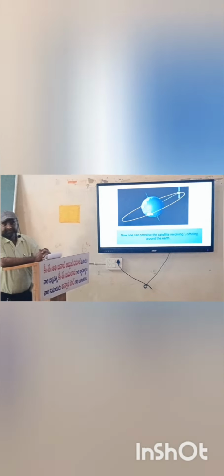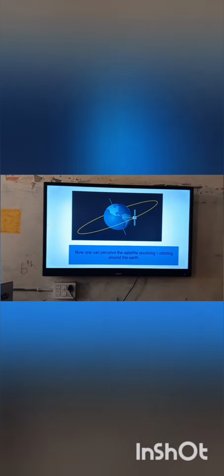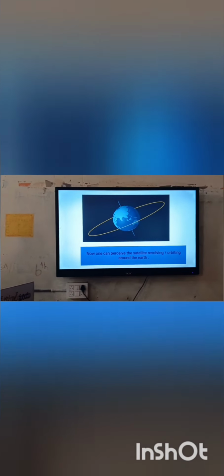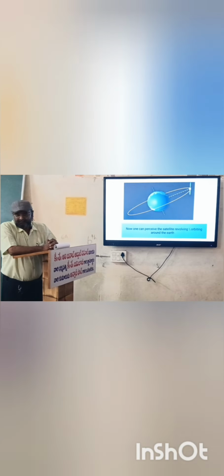As it is thousands of kilometers away from the Earth, it captures everything from pole to pole. Because of this only, location sharing is possible. Otherwise, we cannot share the location.